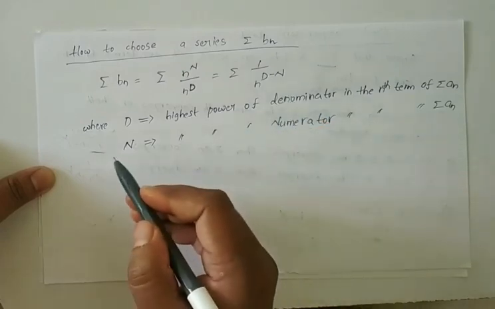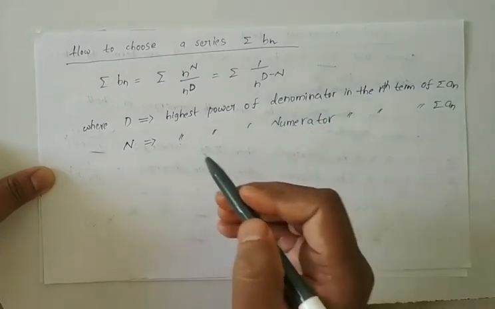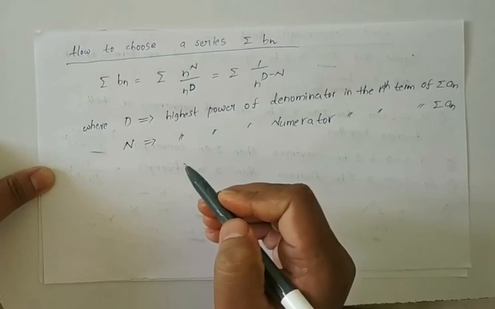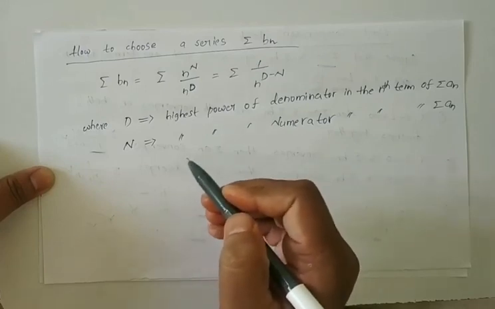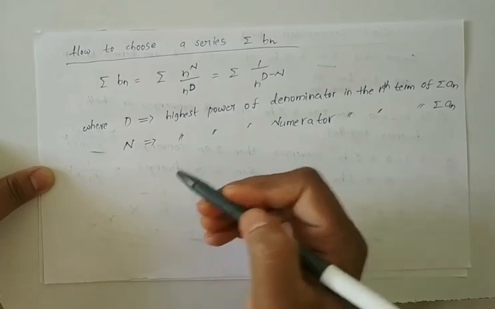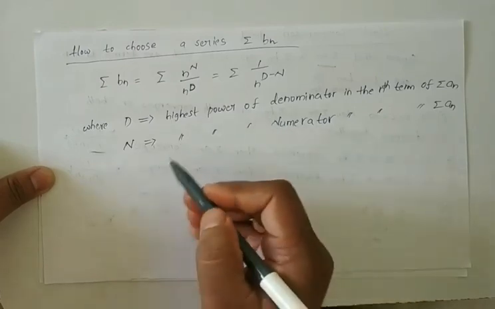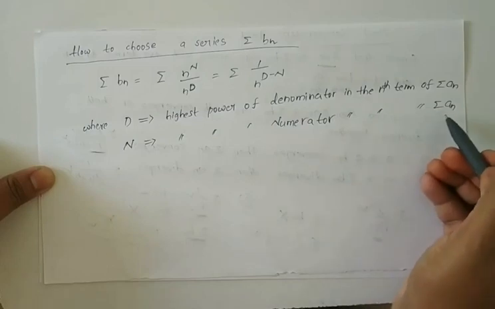So here, what is capital D? Highest power of the denominator in the series summation an. What is capital N? Highest power of the numerator in the series summation an.